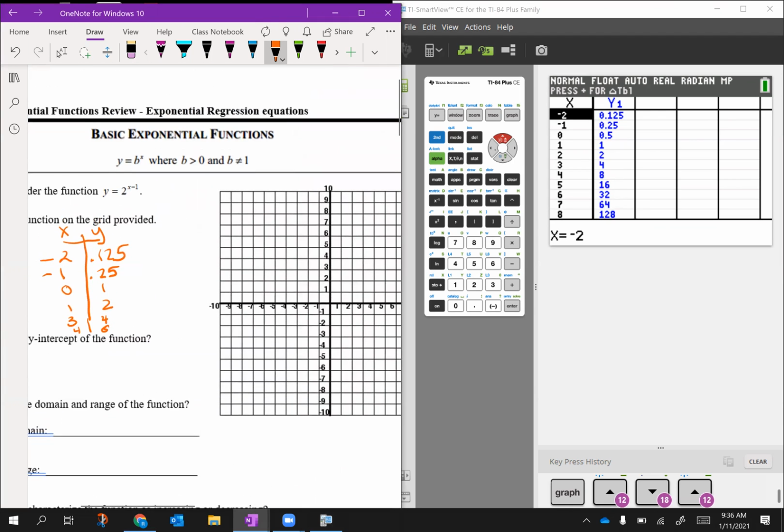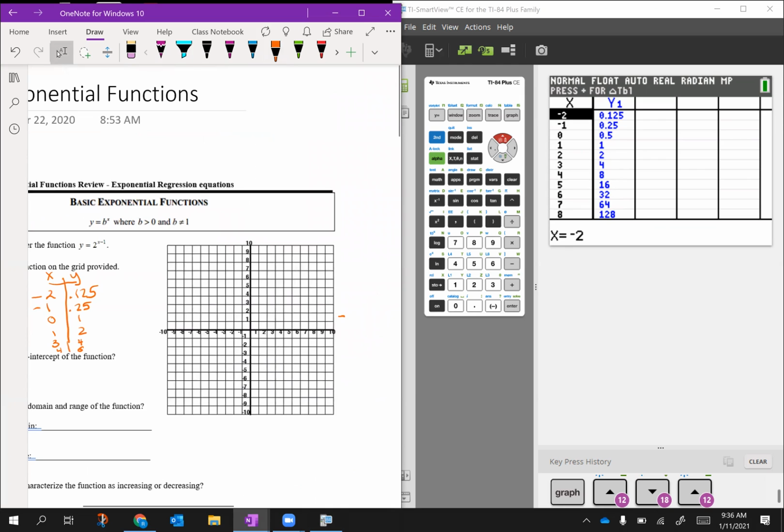All right, so now we're going to try to graph these. So -2, 1/8 is very shallow. -1, 1/4. Sorry, my numbers are off a little bit. 0 was a half. 1 was 1. 2 was 2. 3 was 4. 4 was 8.